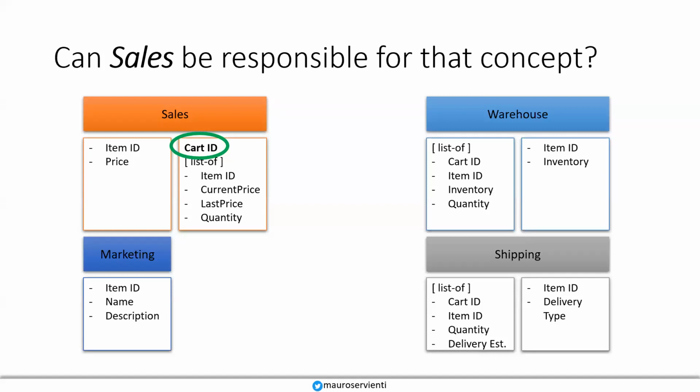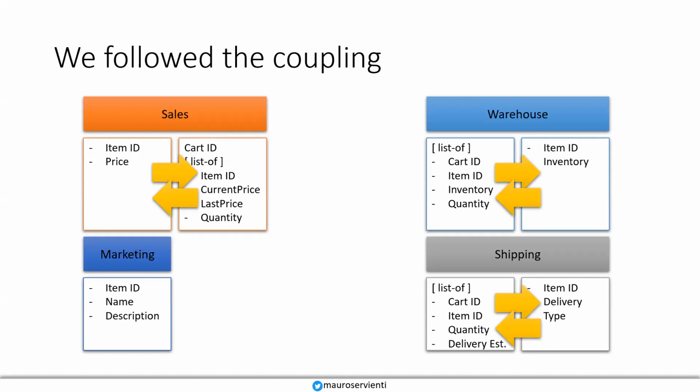Whenever warehouse does that, it copies the inventory to the inventory value in the shopping cart, and shipping does the same. What's the difference from before? That we just followed the coupling. So now all the interactions happen within the boundaries of a single service, aggregate, or microservice, if you will. So within the boundaries of what we can start now calling an autonomous component.